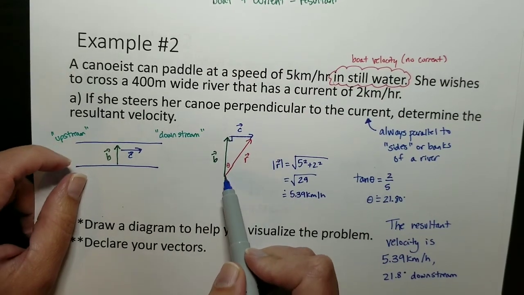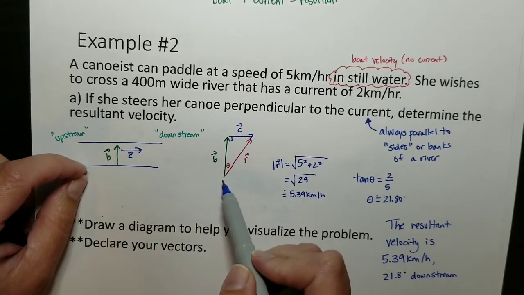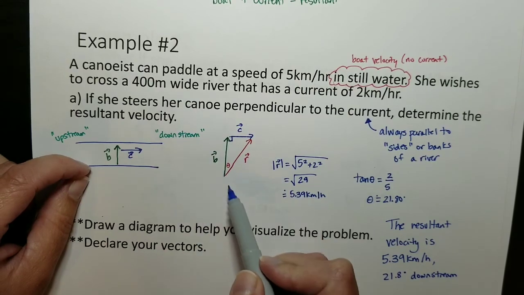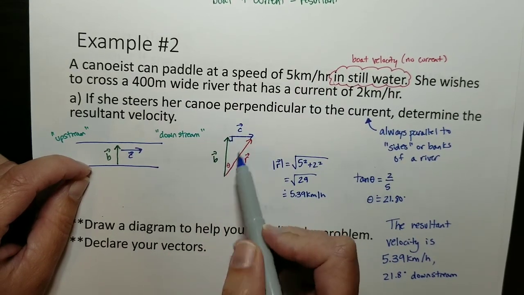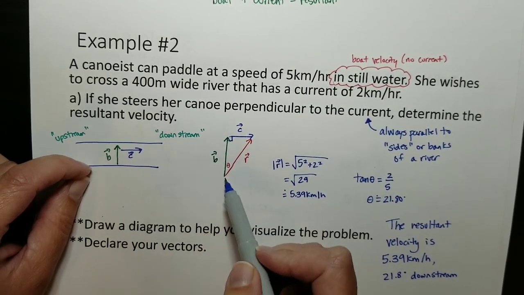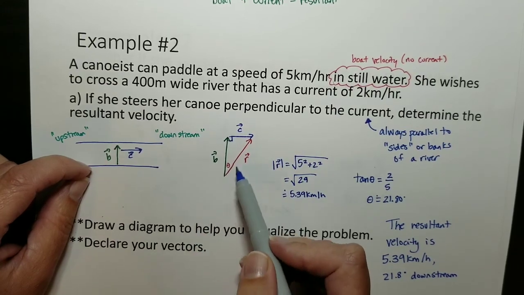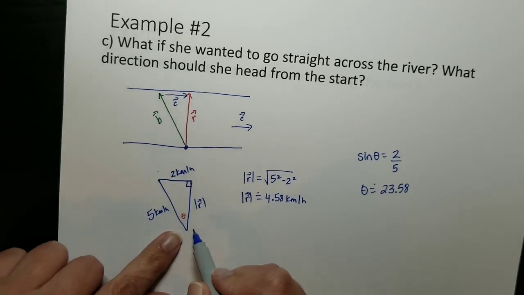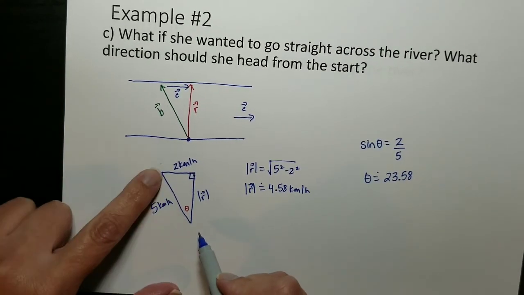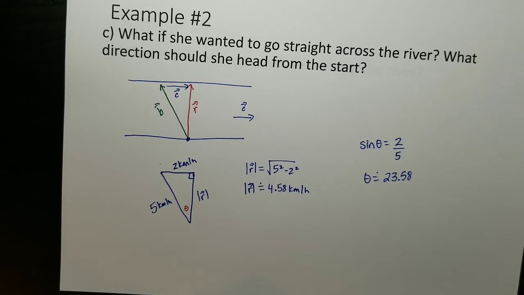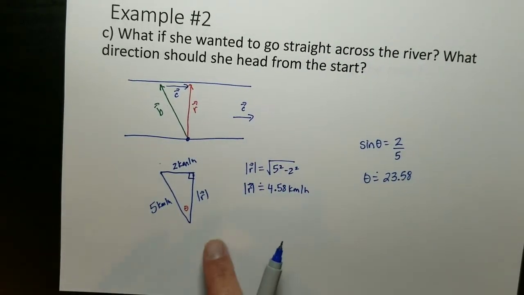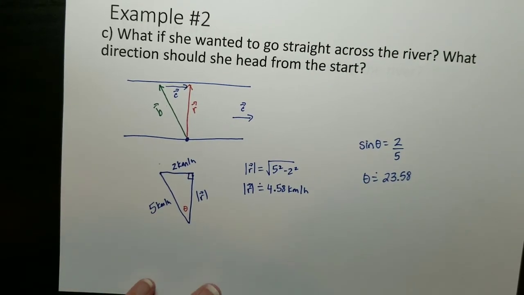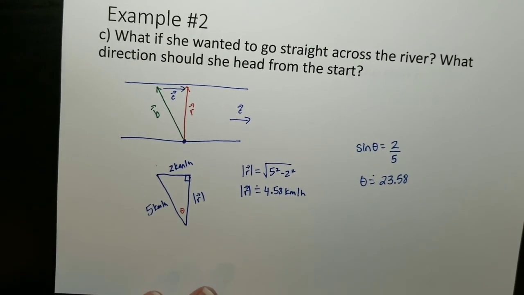A lot of people say, oh, if you end up going that far downstream, shouldn't you just go that far upstream? But remember, this is not a reflection, because if you're going upstream, it's not this resultant that was 5.39 on the hypotenuse. It's just how fast you can paddle, which was just 5. I think there's an instinct to say, oh, just flip the other side. But the dimensions of those triangles will change a little bit, or a lot, depending on how fast that river goes.